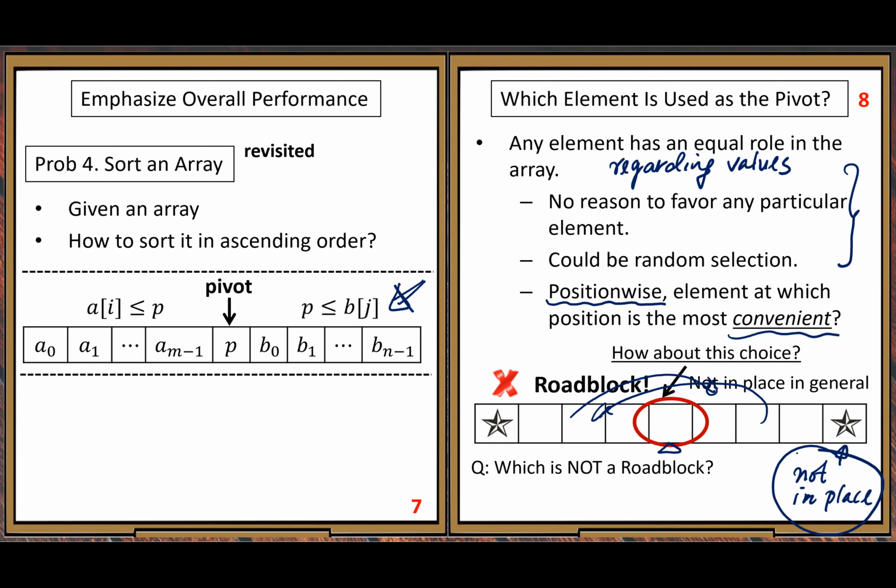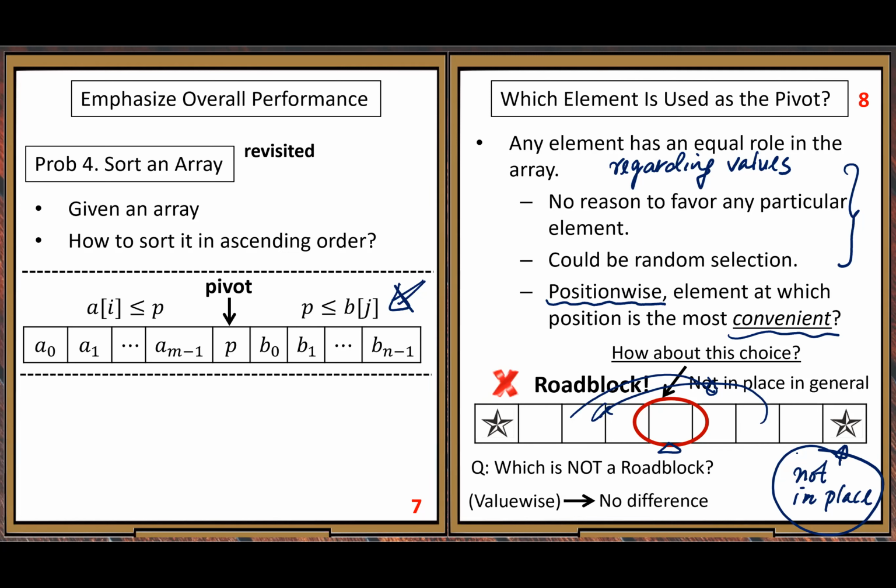But at the end, we will put it in place without any problem. Before the end of the partitioning, it's not necessarily in place.